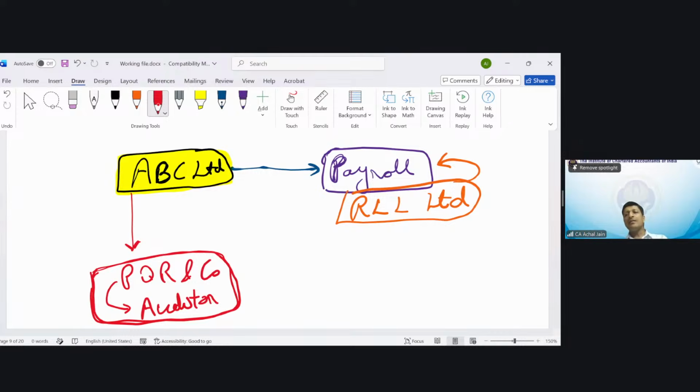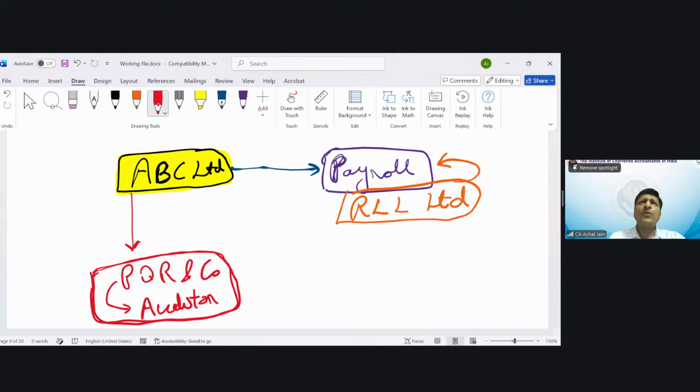Is that required? Answer is yes. That's something which is required on the part of the auditor. So the auditor will get into such type of assessment.